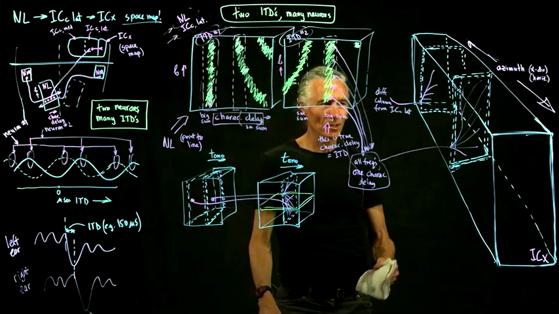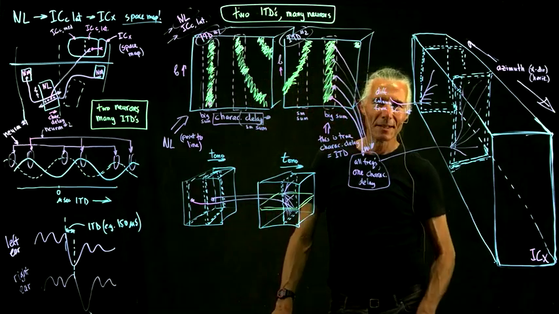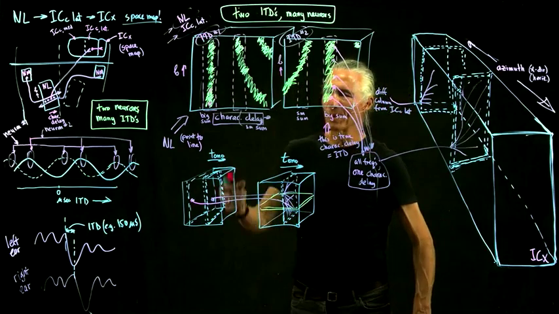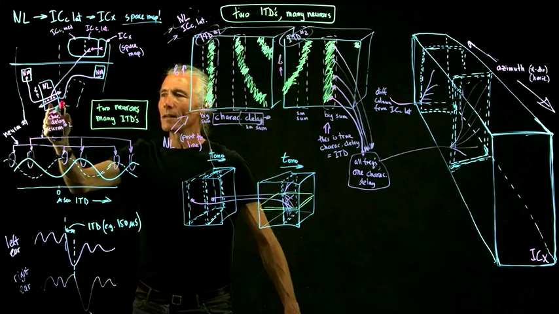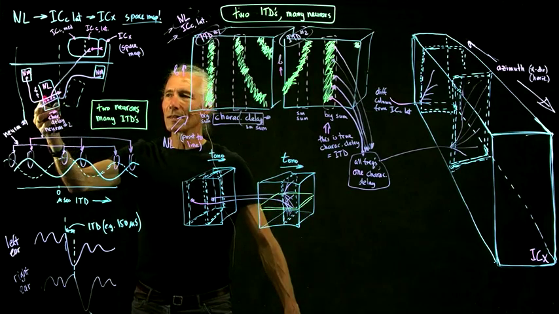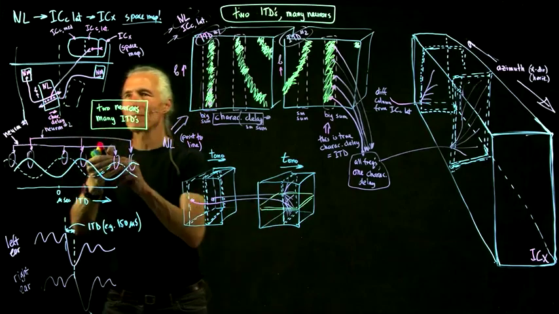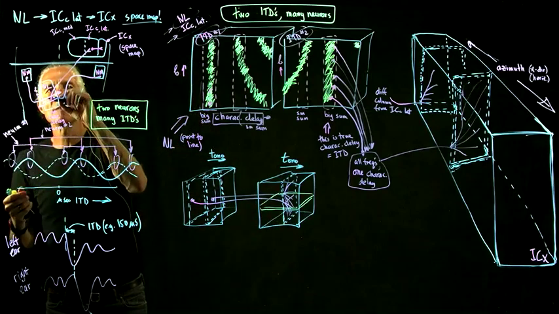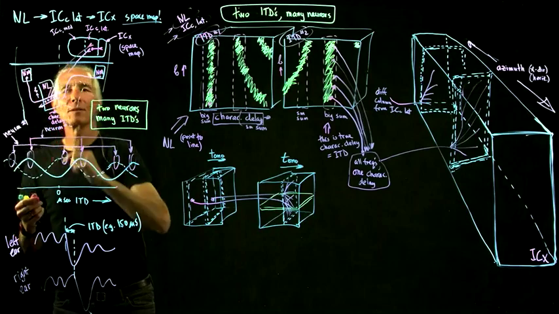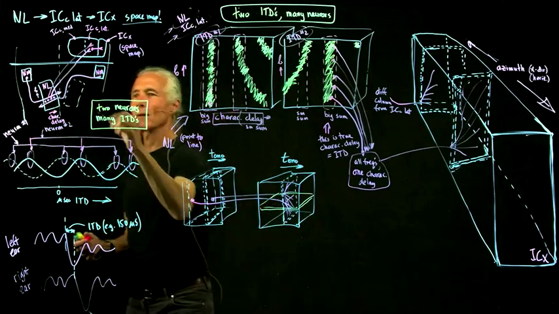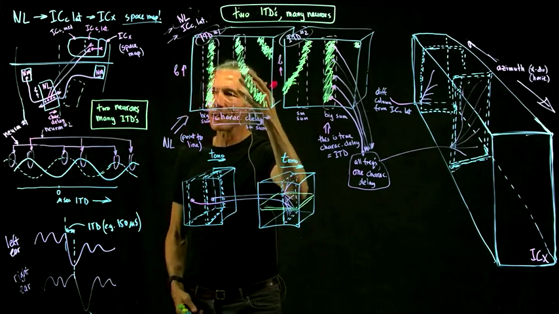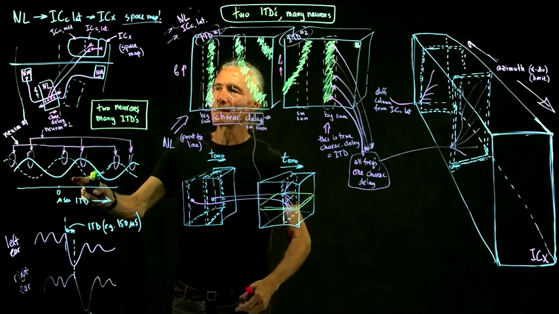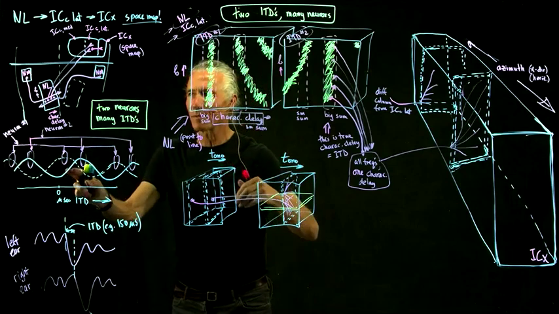Okay, so let's just stop there for a second and see if we have any questions. So all we've done is we did the coincidence detection here, and the coincidence detection spread out this second dimension, which was the characteristic delay, and then we more or less did a point-to-line type projection up to ICc lateral, and that just duplicated the response that we already have in the nucleus laminaris.